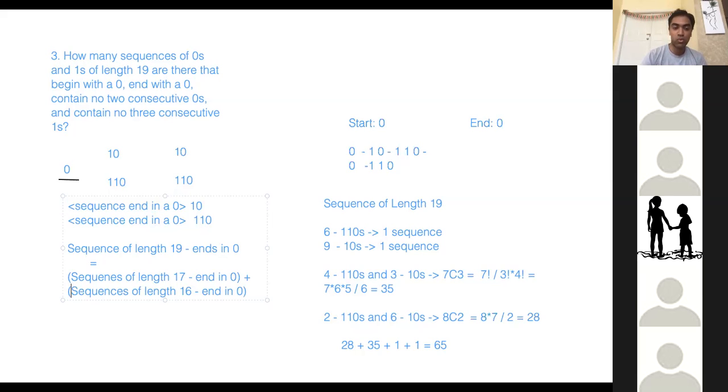Now I could repeat the same process with sequences of length 17 that end in 0, right? And what would that equal to? So can I write that then as the sum of two other length sequences?